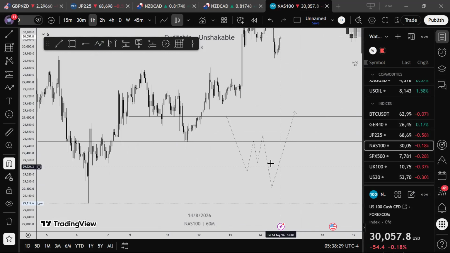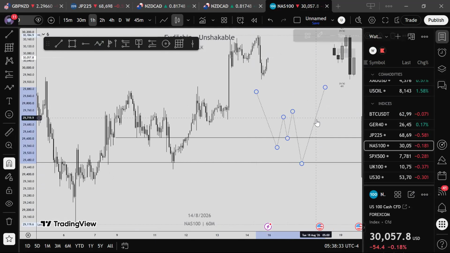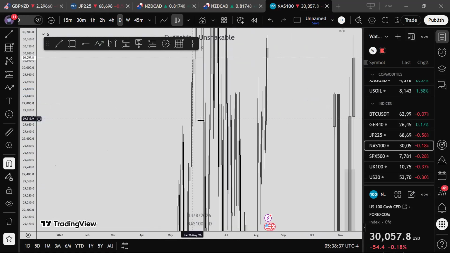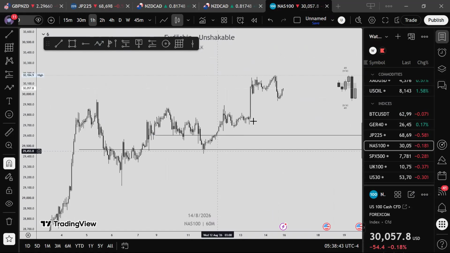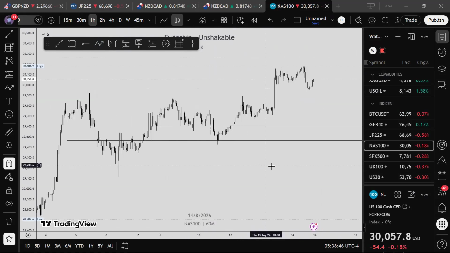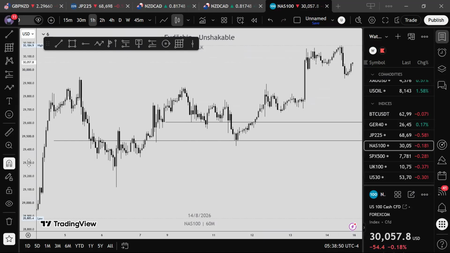So yes, I do focus on it, because you are trading structure, liquidity, and key levels. So why wouldn't you pay attention to structure? On the higher time frame, it's just a sweep of liquidity, but on the lower time frame, it's structure. I hope this helps. Everything is combined together.